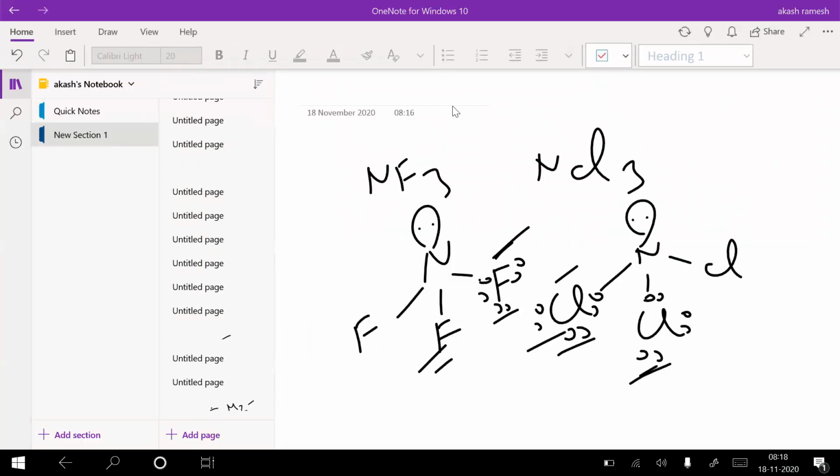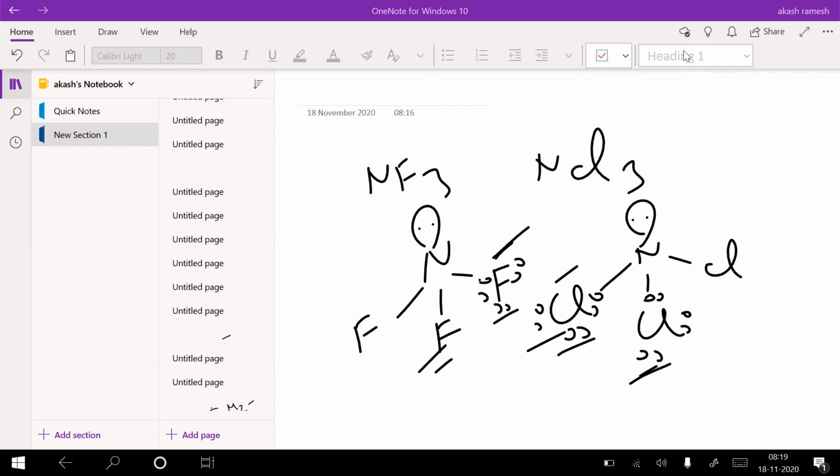Just put in the chat box F or Cl, which will have more interaction between the lone pairs. F. Okay, Sriharni says F. I'm talking about the lone pair on one fluorine and the lone pair on the other fluorine. The same way, the lone pair on one chlorine and the lone pair on the other chlorine.